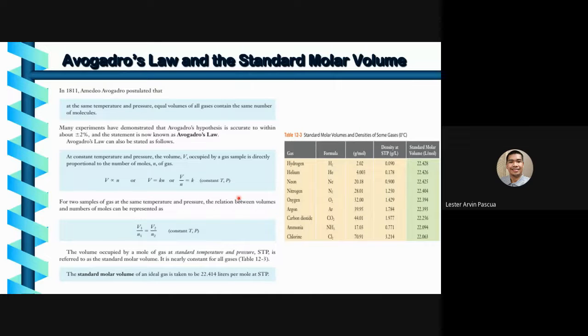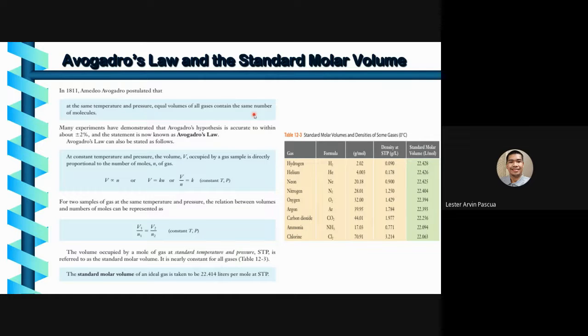Okay. So, Avogadro's law. So, the third one is what we call the Avogadro's law. Essentially, what it's saying is, pag equal ang volume of gases mo, they contain the same number of molecules.